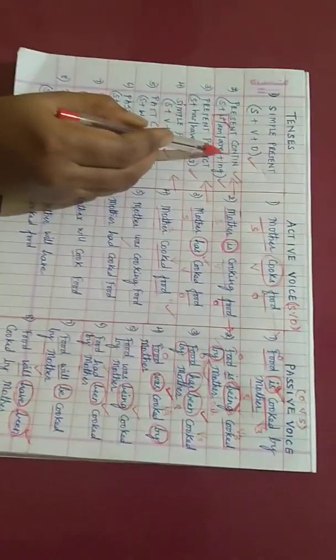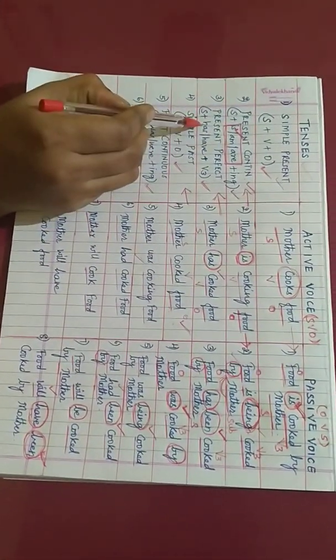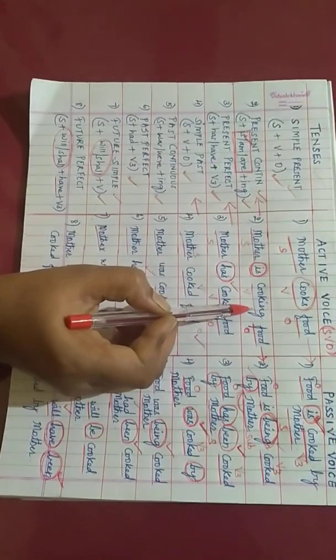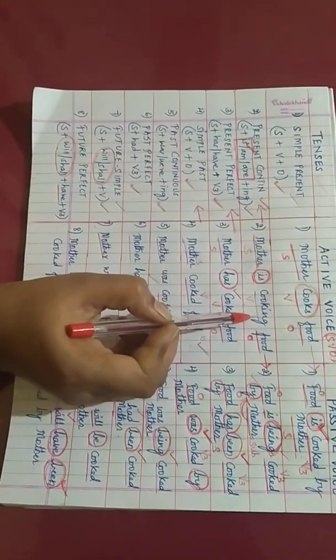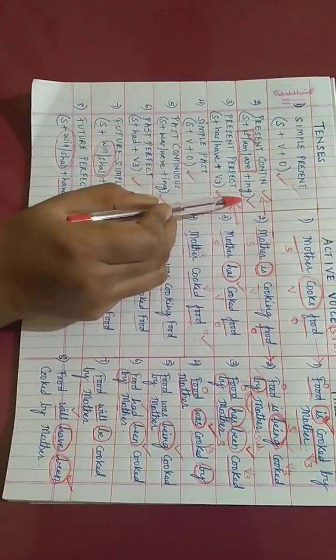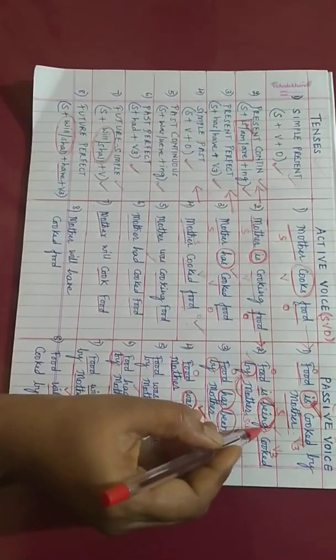Why? Because here we have helping verbs in present continuous. Can you see? Here is. So because the helping verb is in present continuous, this statement will come under present continuous tense. Now how to convert to passive voice in present continuous? When you convert to passive voice, you need to use the word being.